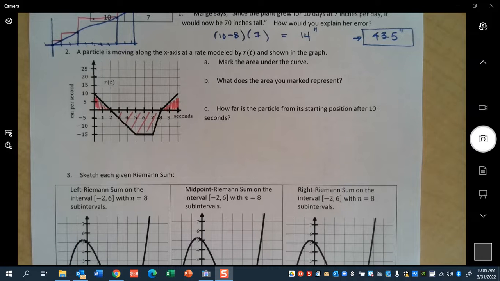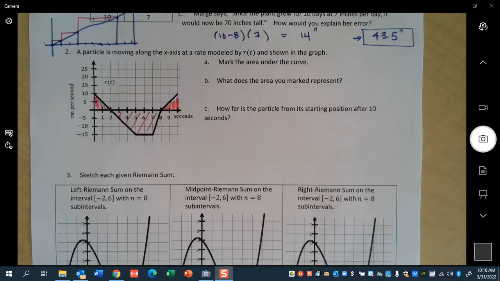So if we have this particle moving, if my derivative is negative, that means it's decreasing, it's moving in a negative direction. When my derivative is positive, that means my function is increasing. When my derivative is equal to 0, that's where my direction is changing from whether I'm moving positive or negative.